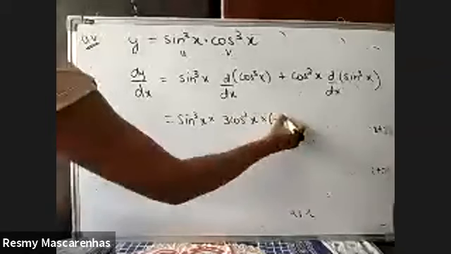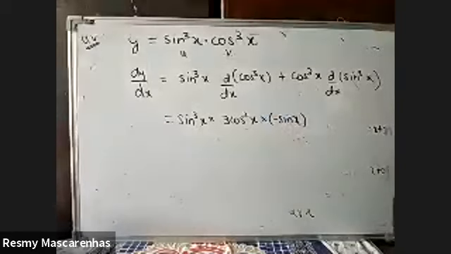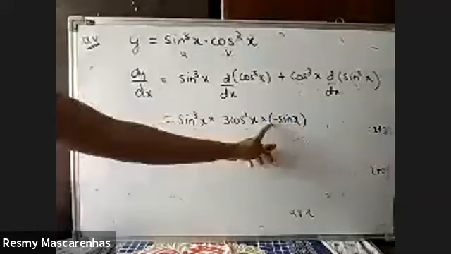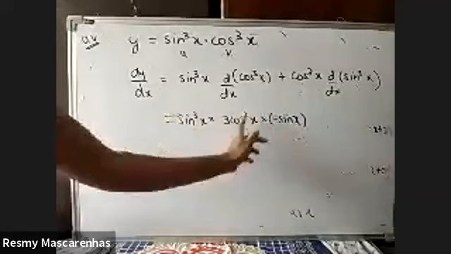So that will be minus sin x. So like this you have to do for the exam. Now you don't have to write extra d by dx or cos, you have to do it directly. Assume this to be x. First it will become 3 cos square x into the derivative of cos x, which is nothing but minus sin x.